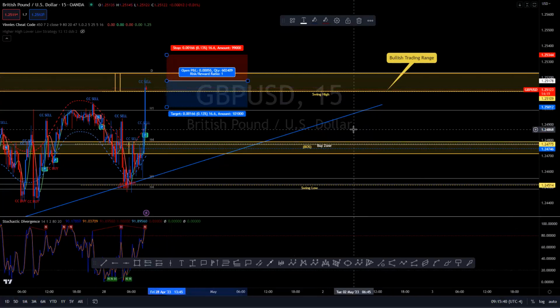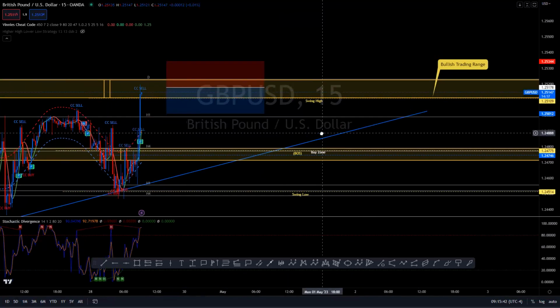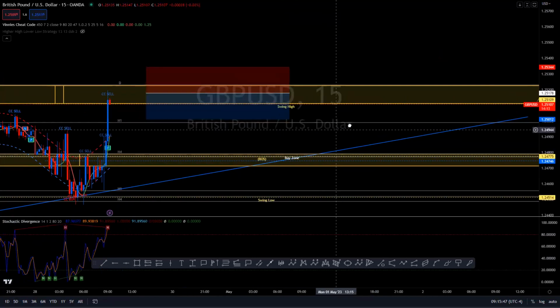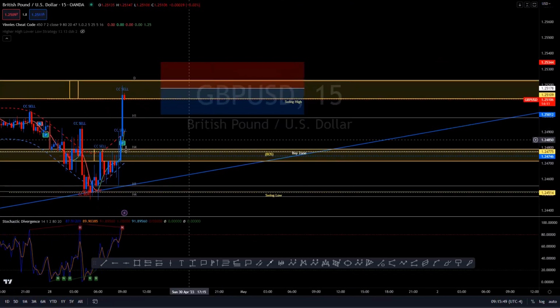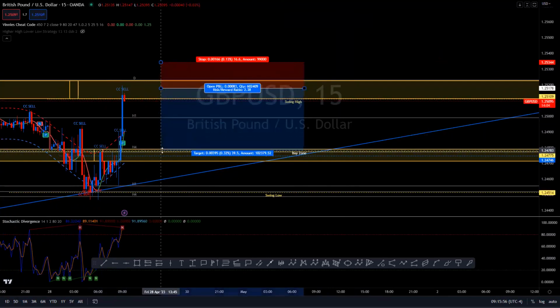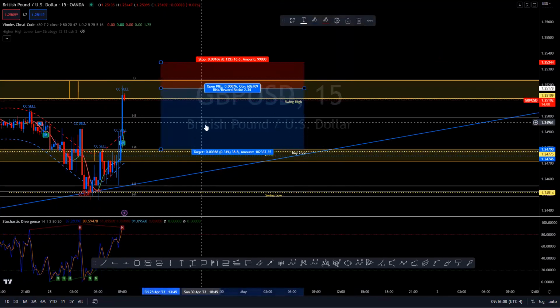And when I look closer at the structure, let me zoom in just a little bit more here. This is the last breaker structure I can see here. So I'm probably going to be looking to catch the counter trend sell all the way down here, or price decides to move south.